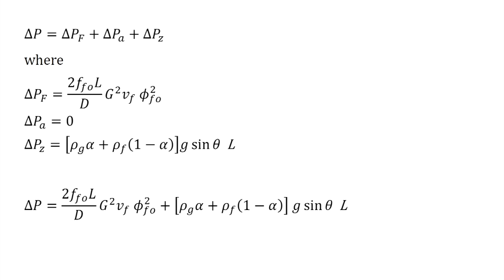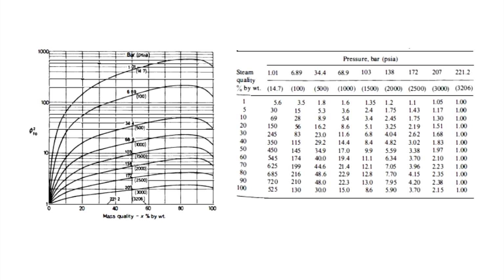So, delta P is equal to delta Pf plus delta Pa plus delta Pz, where delta Pf is equal to 2 f FO L by d G square v f phi FO square, delta Pa is equal to 0, and delta Pz is equal to rho g alpha plus rho f 1 minus alpha, g sin theta L. So, phi FO square we can find from this Martinelli-Nelson graph.